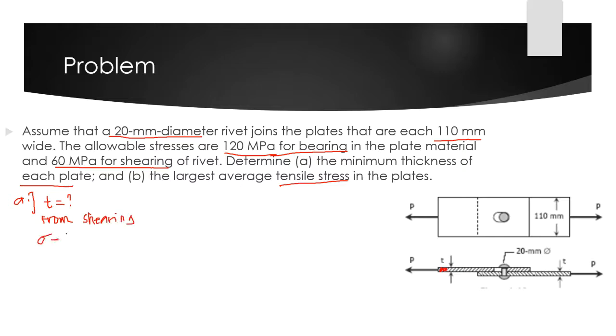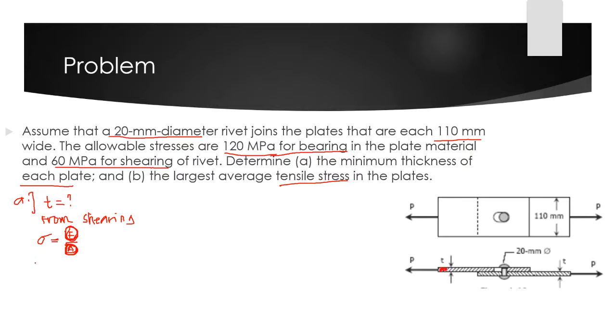Stress is equivalent to force over area, and from this one, we'll be using the shearing stress. So in order for us to find the thickness from the area, we have to solve first for the force.